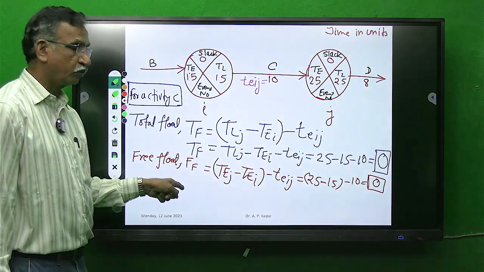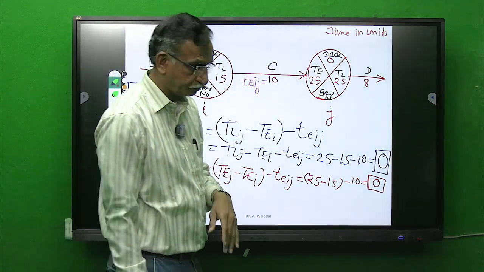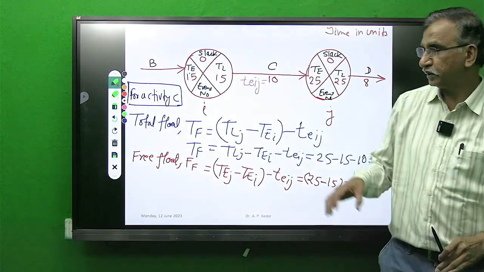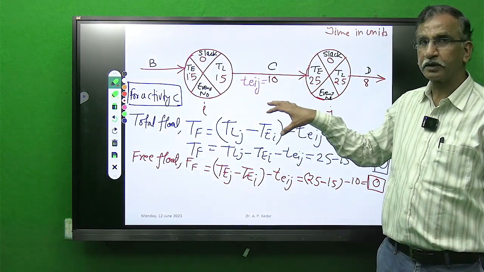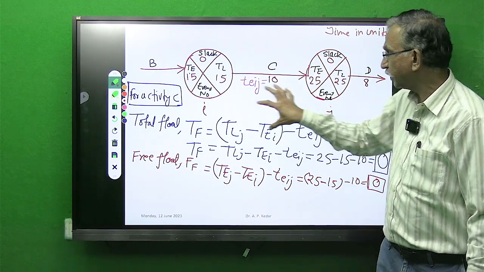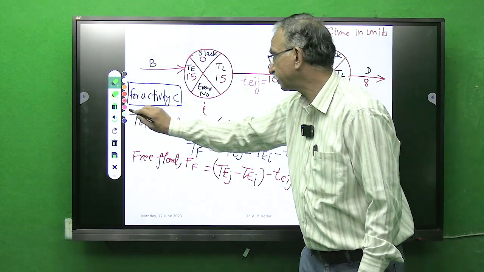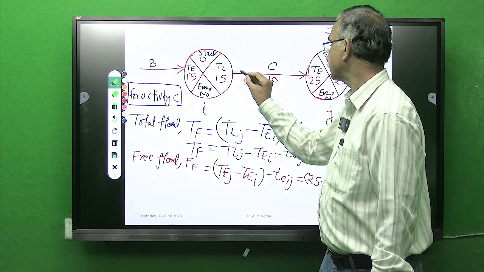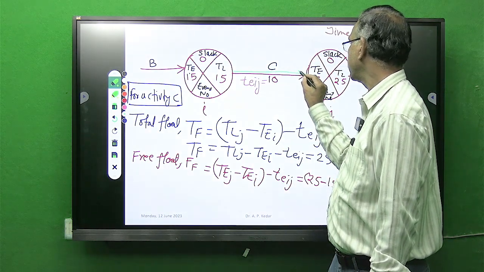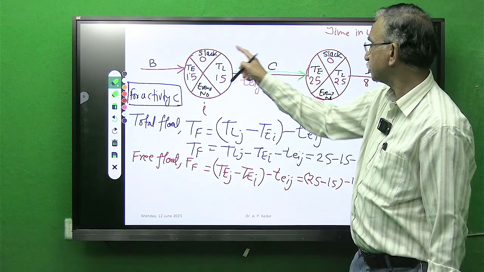So total float for this activity C is again coming 0. See, typically why we are taking this example, because these particular values indicate that this activity C is a critical activity. Why? Zero slack.